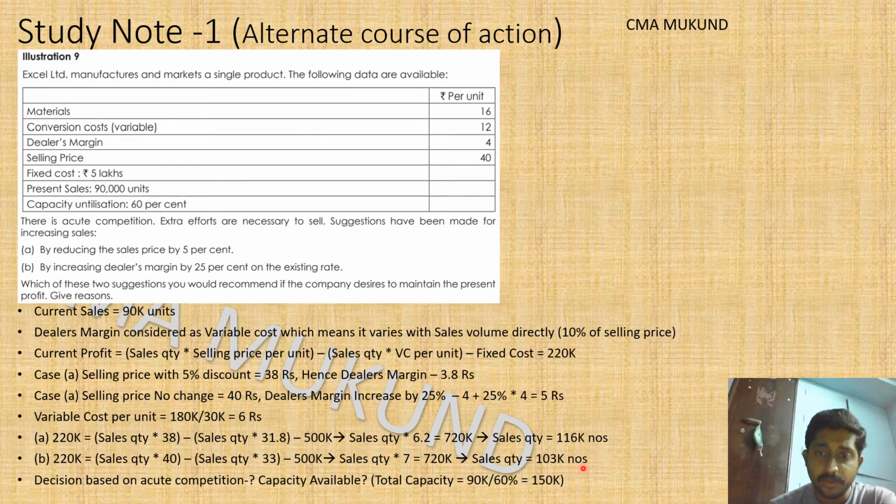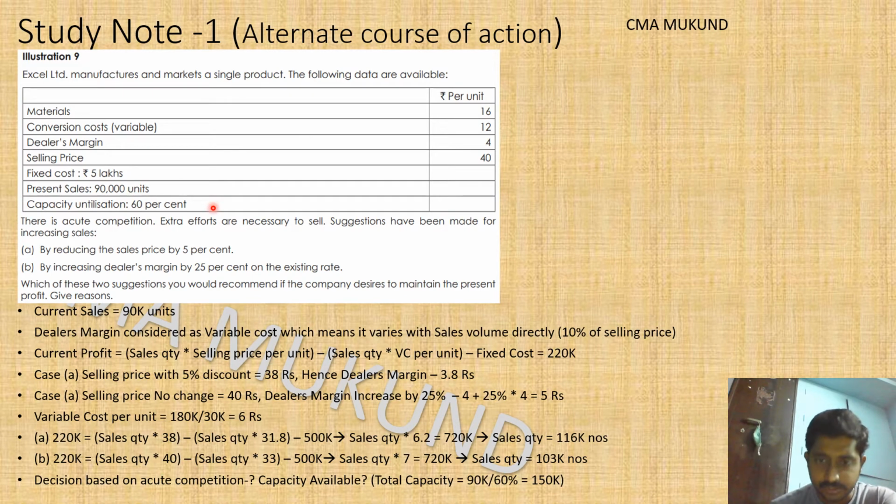But there is one more point that should be noted. There is information that is lying idle. Capacity utilization is 60%. So with 60% capacity utilization, present sales is 90,000. For producing 90,000 units they have utilized only 60% of the capacity.